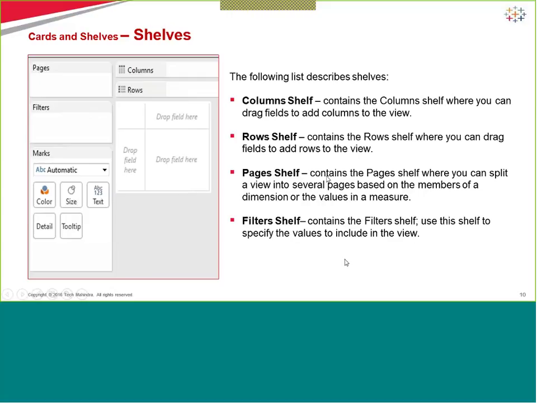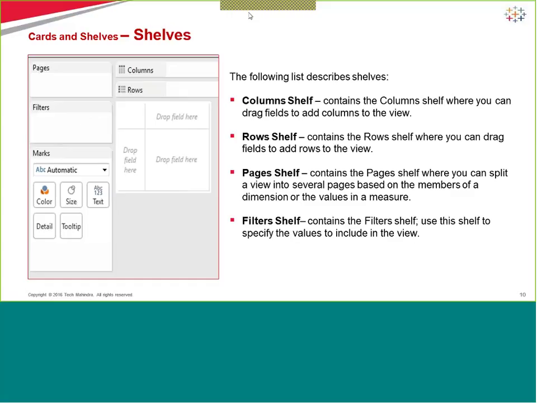Similarly, if I want to filter, filter data items can be dragged and dropped into the filter shelf. So the column shelf, row shelf, pages shelf, and filter shelf are available, on which you can drag and drop your data, and thereby you can see your visualization is automatically built based on these features and your particular data.